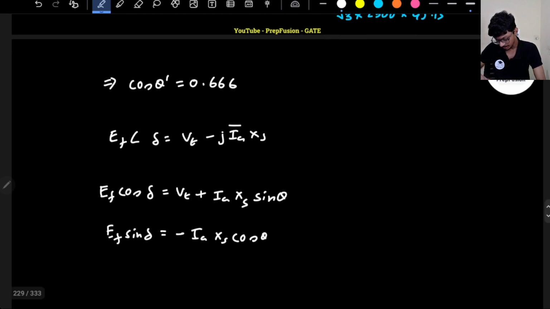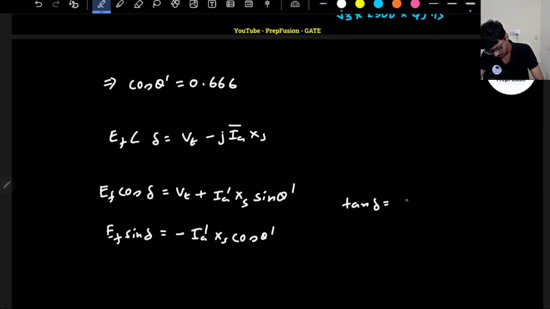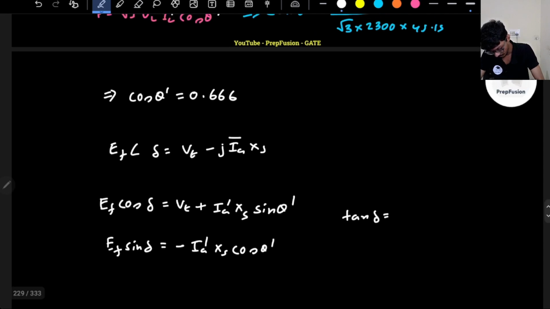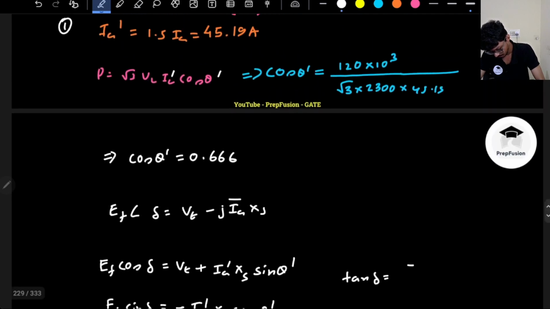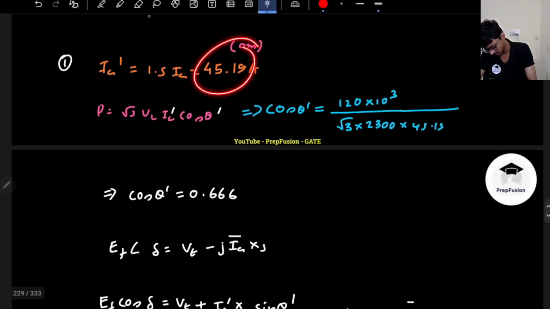Okay, so I can easily take the ratio of these two to find the delta. So tan delta will come out to be minus of Ia dash, this is sin theta dash. So tan delta will be minus of Ia dash, Ia is this, right? 45.19.